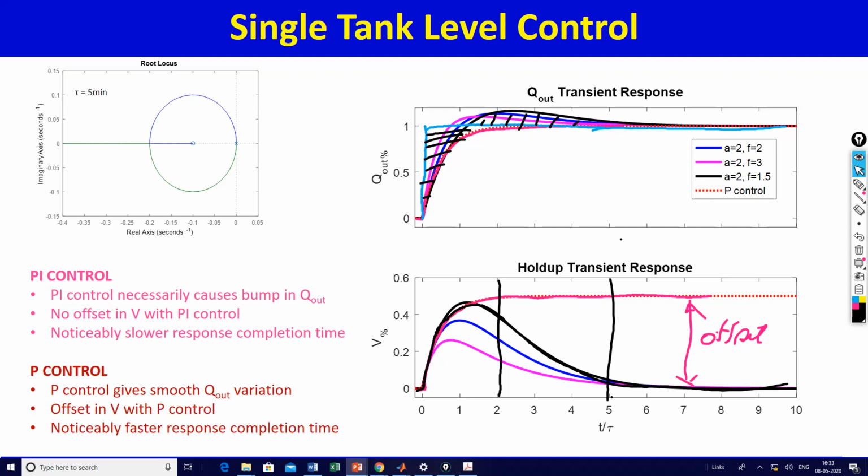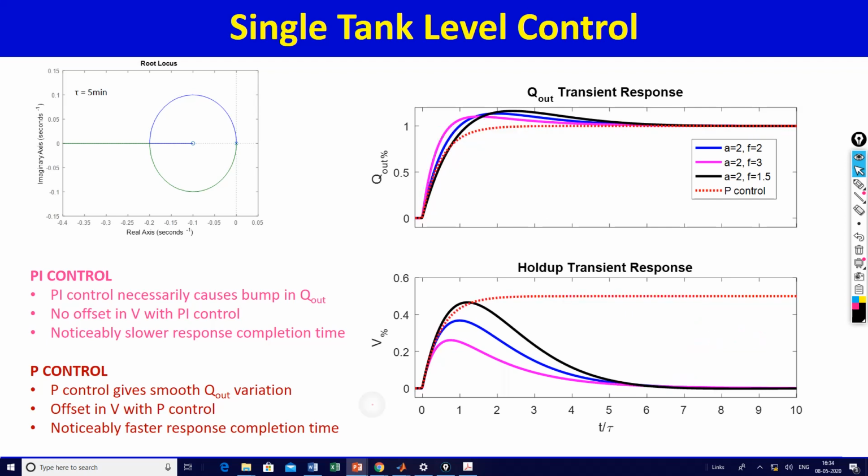P control on the other hand gives smooth Q out variation. There is offset in the hold up with P control, and the response is noticeably faster compared to PI control. So these are some of the things that we have for a single level controller. Main thing, PI control will give a bump in flow, P control gives no bump but offset.